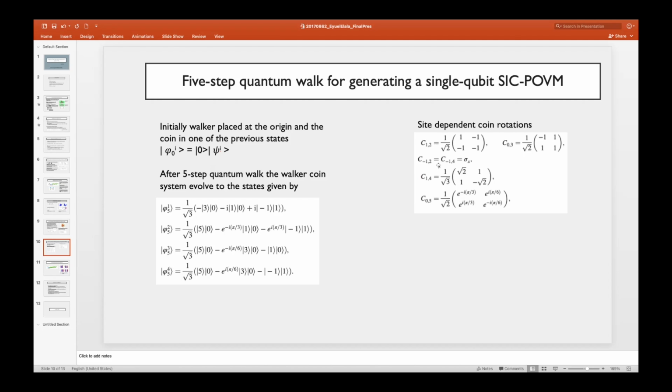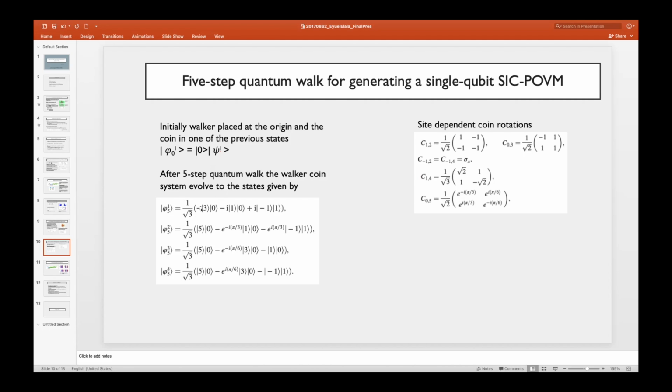If you do the calculation by multiplying the matrices for each step, we are able to get these states from each initial state. And what we can observe from this is that, for example, if the initial state was 1, you won't be able to get the Walker at a certain position, like maybe 5. So you won't be able to detect it if it is 5.